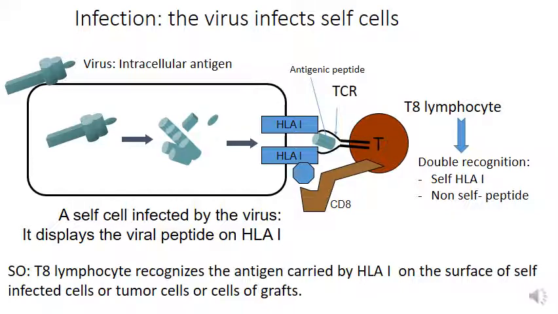So the T8 lymphocyte here can recognize the antigen, which is a sample of the antigen, the antigenic peptide, while being carried by HLA class 1 on the surface of self-infected cells. It's not only on the surface of self-infected cells, it also could be a tumor cell that presents on HLA class 1 a non-self peptide, or it could be also a cell of a grafted organ.